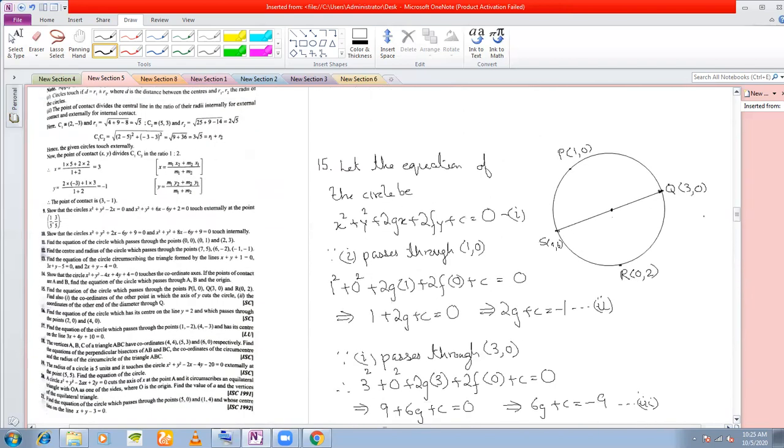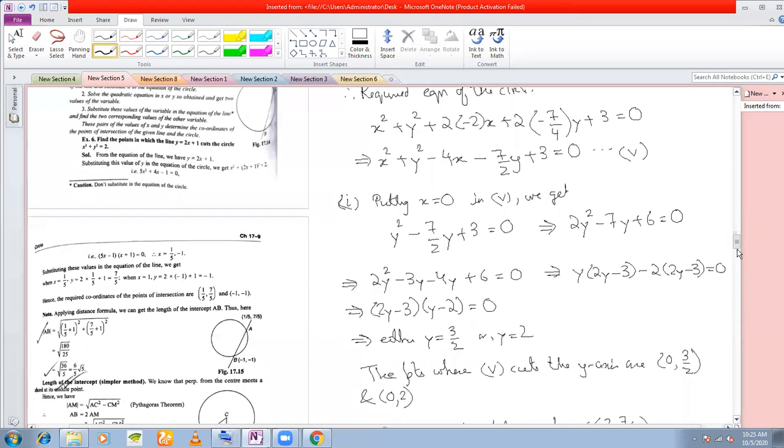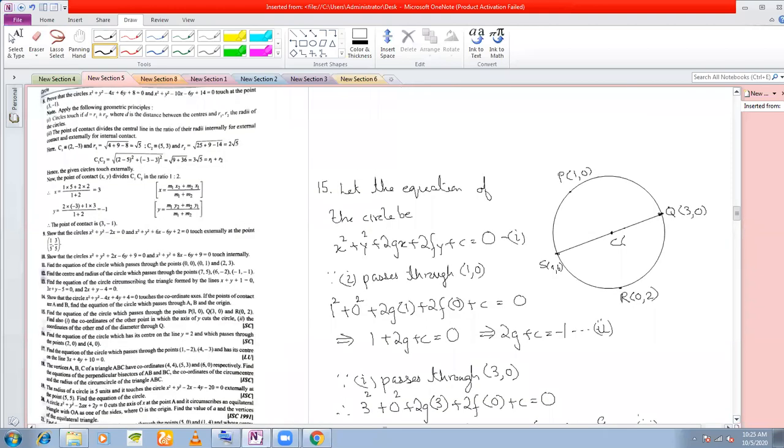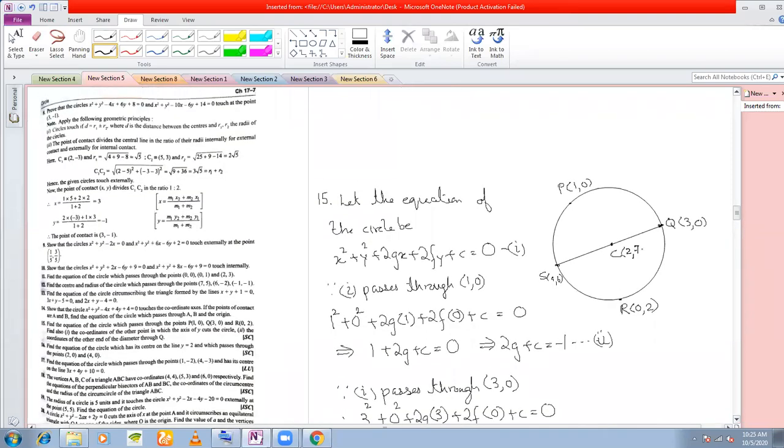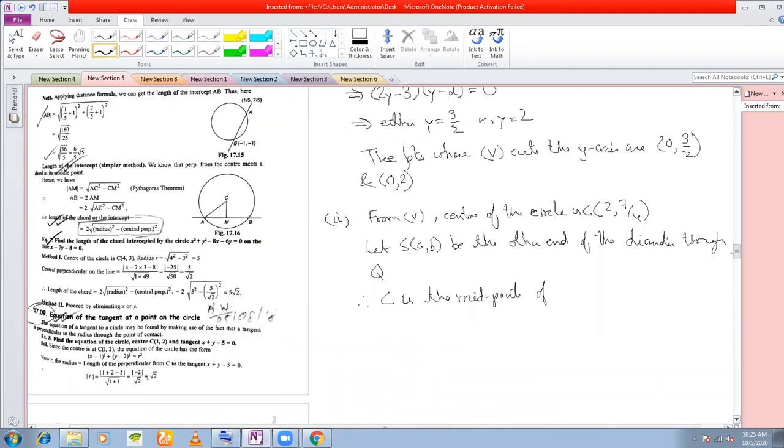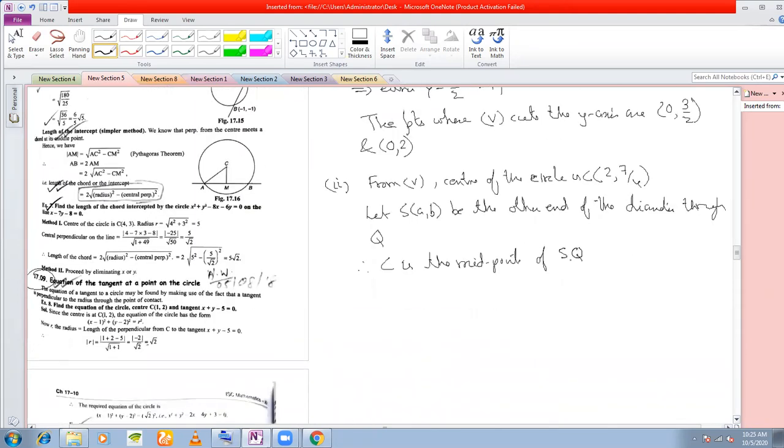We see in the figure C here, whose coordinates we know. What are the coordinates of C? 2, 7 by 4. C is the midpoint of SQ. So therefore, what are the coordinates of C?